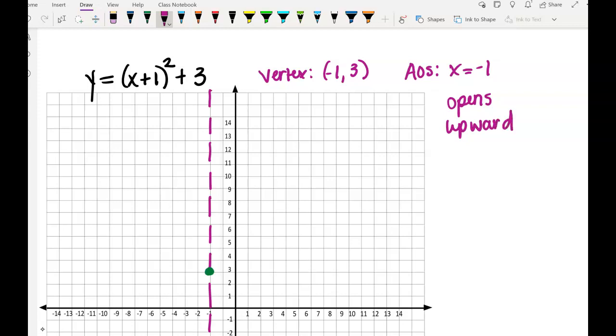And if it opens upward, does that make the vertex at the very bottom or the very top? Bottom. So we would call that an absolute minimum. So this one has an absolute minimum.